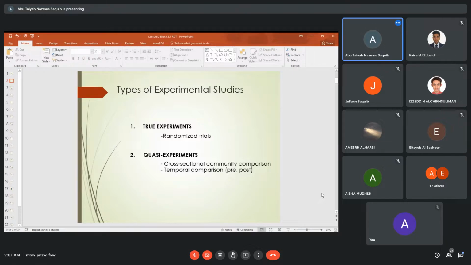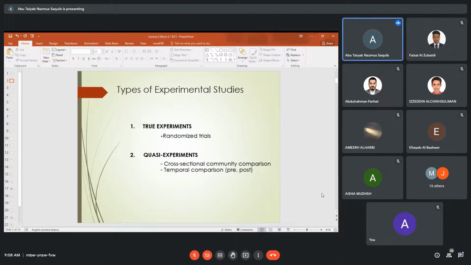Experimental design means the investigator interferes in the study. How does he interfere? By giving them the treatment or the intervention. So he actively interferes in the participants' lives. But in the observational study, we do not interfere in the participants' lives. We just follow them, observe them, and record their information.